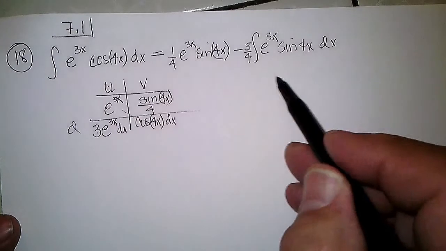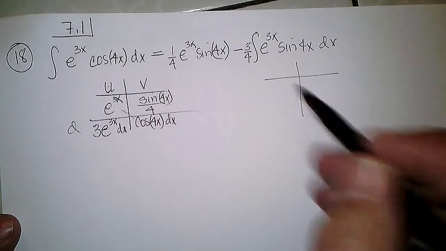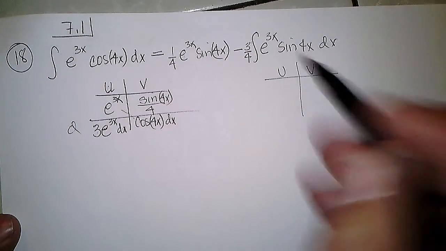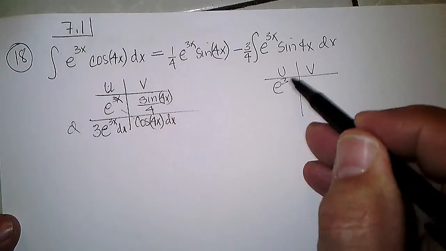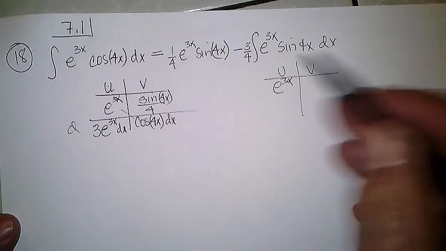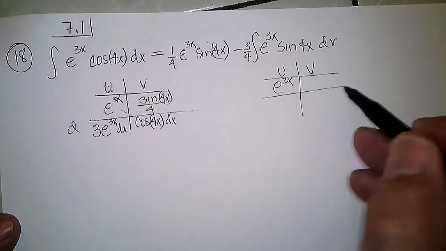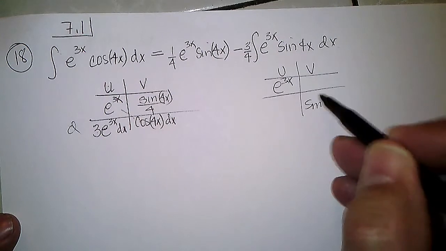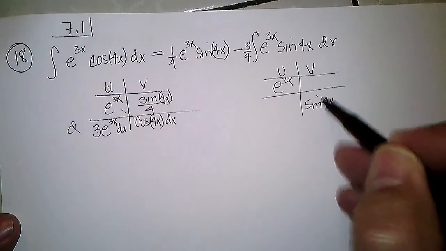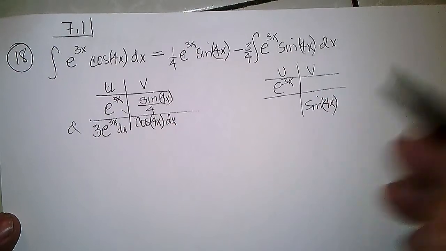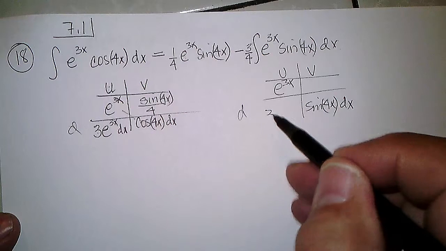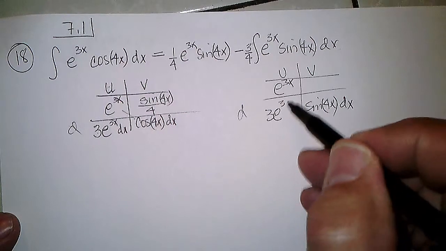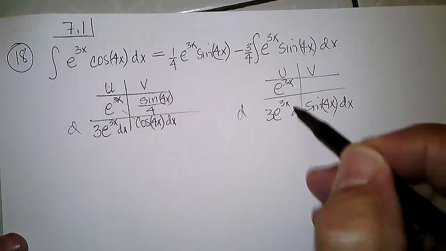So we do uv again, and we're going to let u be the e to the 3x again, and the rest of this be the dv. So the derivative again would be 3e to the 3x dx.